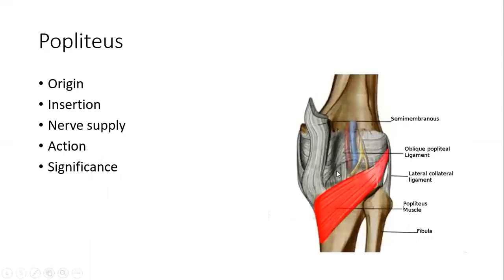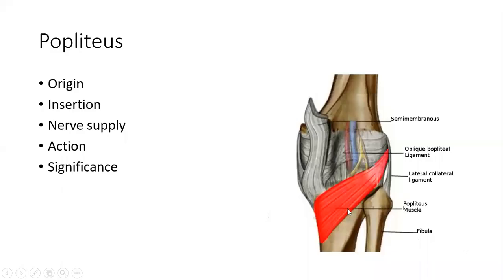Next, a very important part of the popliteal fossa is the popliteus muscle. Popliteus muscle is an oblique muscle running from the posterior aspect of the tibia, above the soleal line, and continues to run upwards and laterally till it reaches the lateral surface of the lateral condyle of the femur.